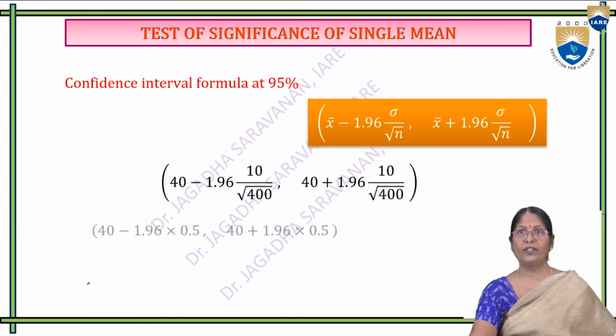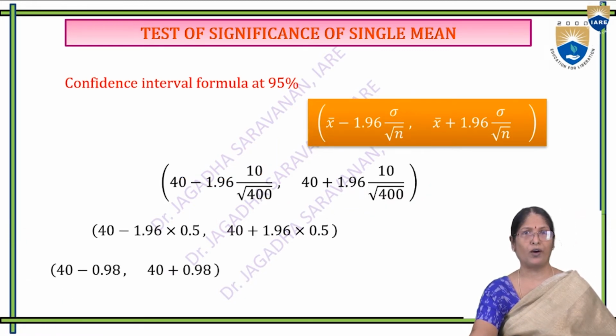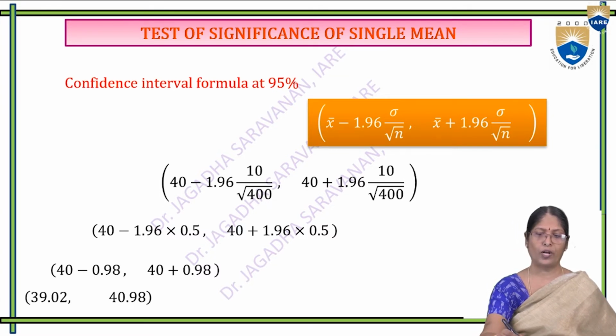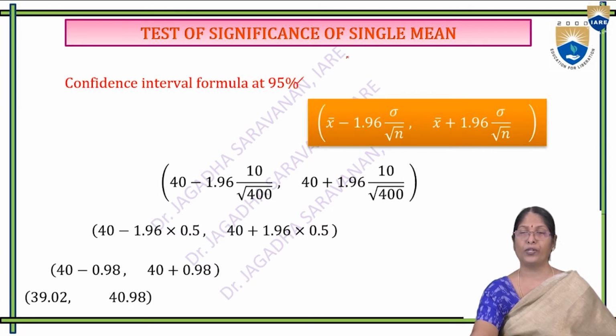We do the simplification, and the final result we obtained is 39.02, 40.98. So this is the way we can calculate the confidence interval at 95%.